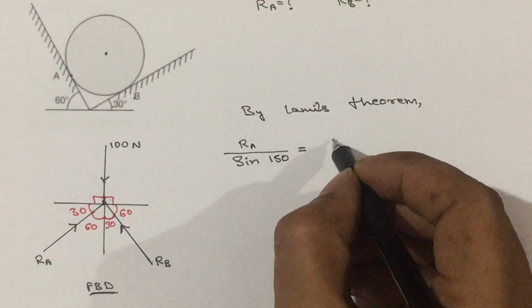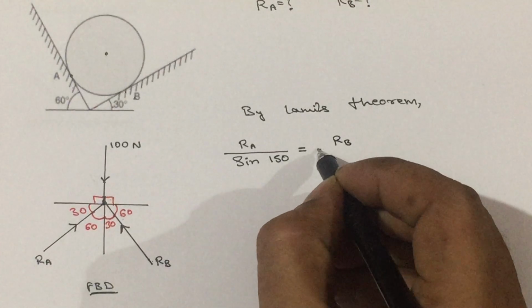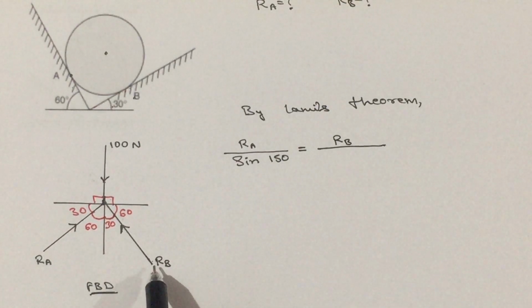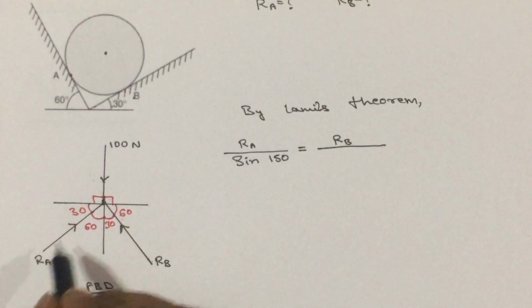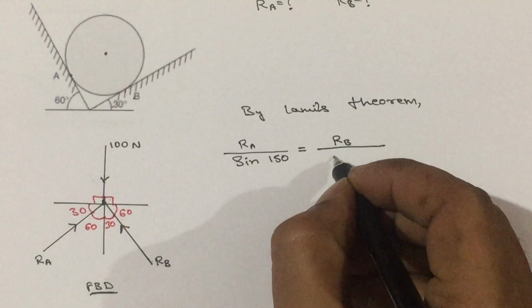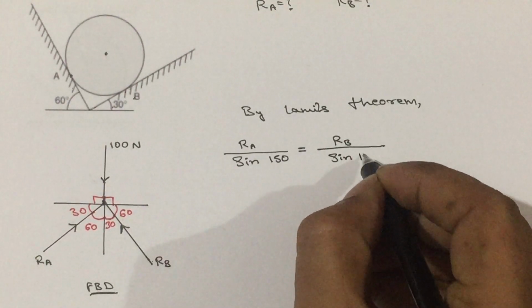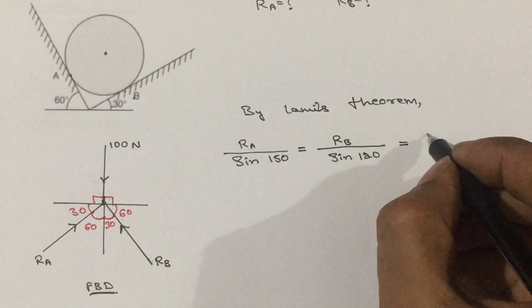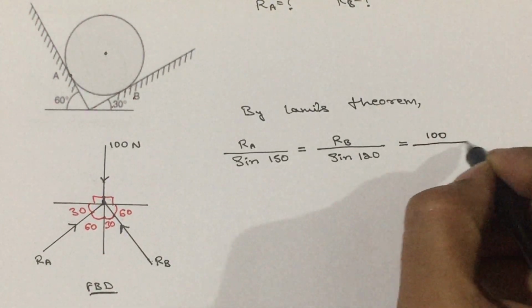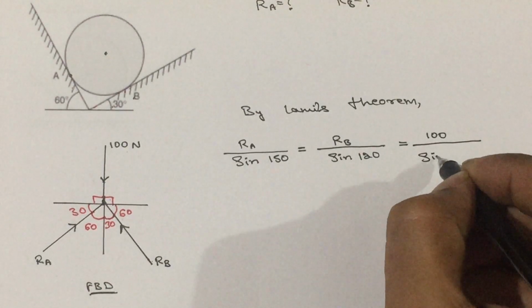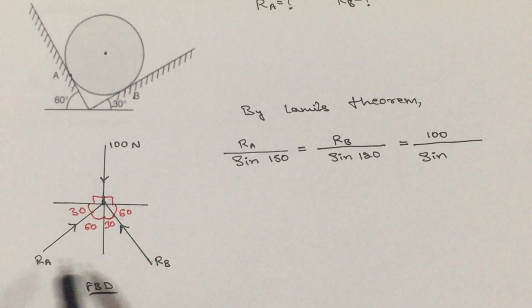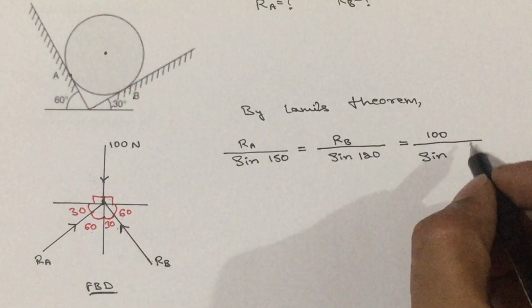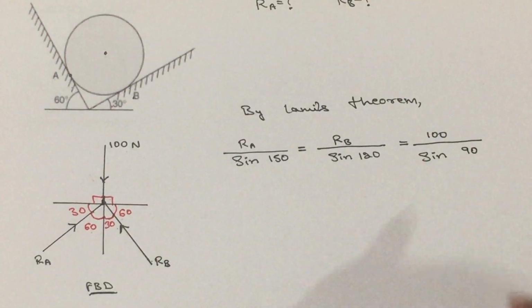That is equal to the next unknown force RB divided by sine of the angle between the other two forces, 90 plus 30, that is sine of 120. That is equal to the last force 100, which is known, divided by sine of the angle between the other two forces, 60 plus 30, that is 90.